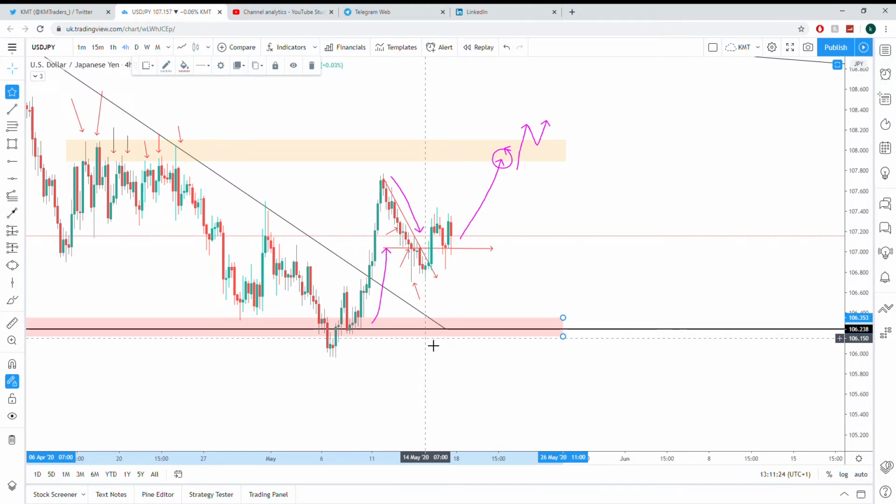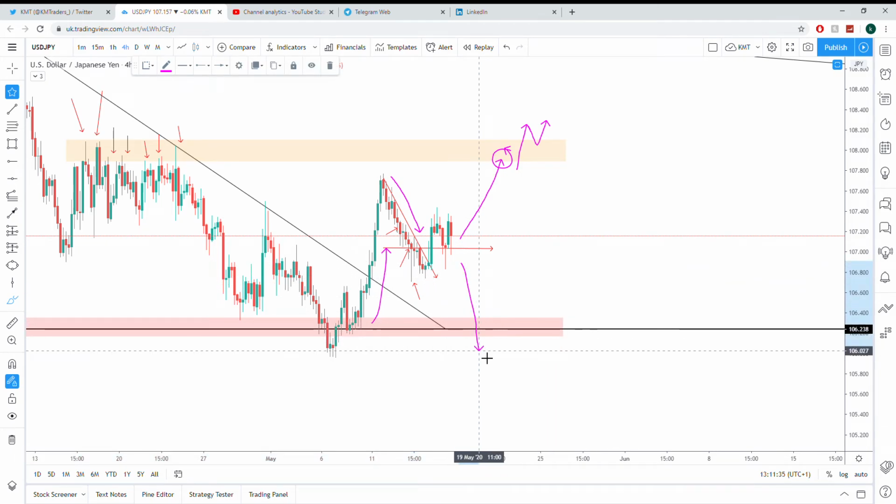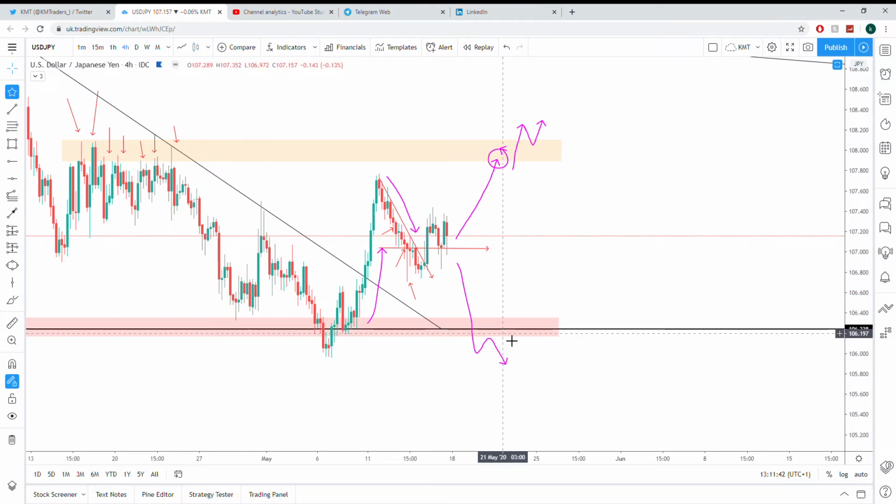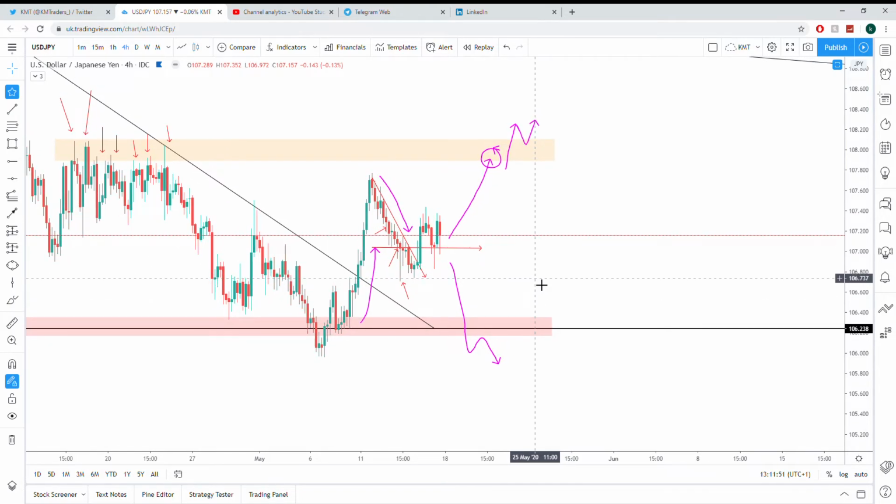So this red zone here is just a series of, again, the area that we're actually looking for is just if price is to come down way below this point, we will then be looking for that rejection, and then we'll see if we can get in on a retest at this point for a sell. So if price is to come way below this point, we will be looking for that selling opportunity. Okay, so again, we're looking at two safe options here for a buy and a sell.